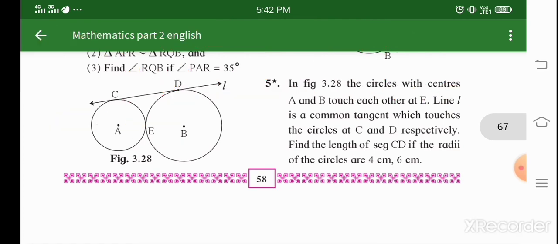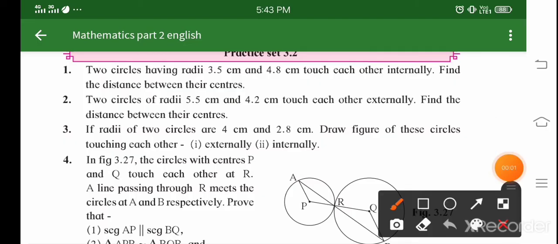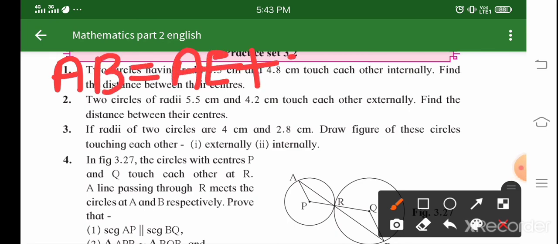This is clear? Okay, now in the next thing just write, therefore by using external touching theorem you will get AB is equals to AE plus EB, that is 4 plus 6 is equals to 10.